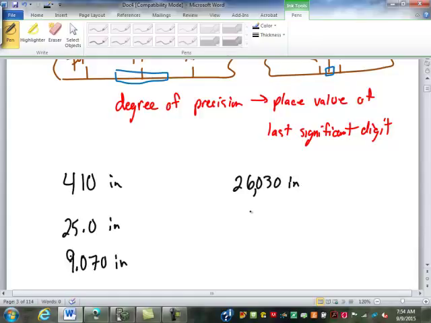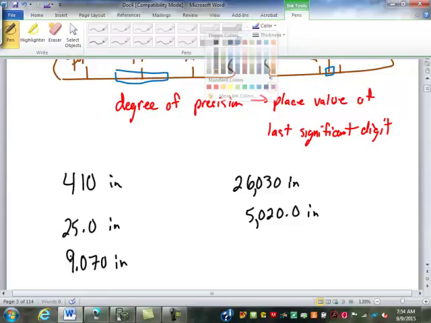Just throwing some numbers out here. This one here, of course, the 4 and the 1 are significant. Is that 0 significant? If I took it off, would it change the meaning of the other numbers? Yes.